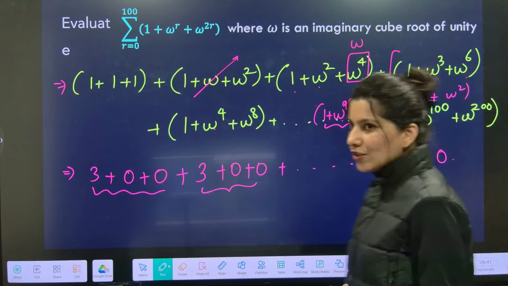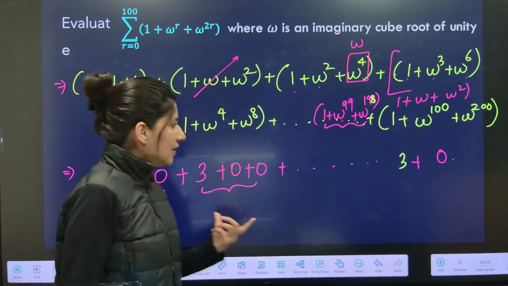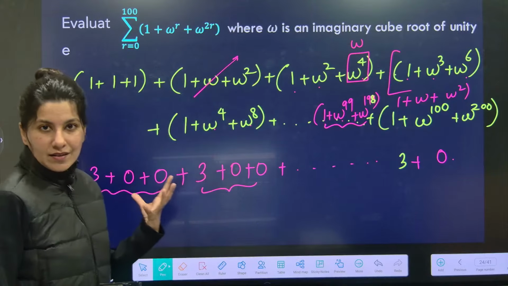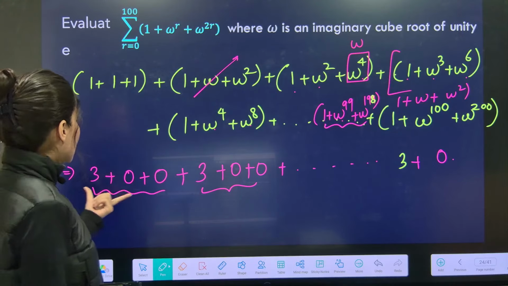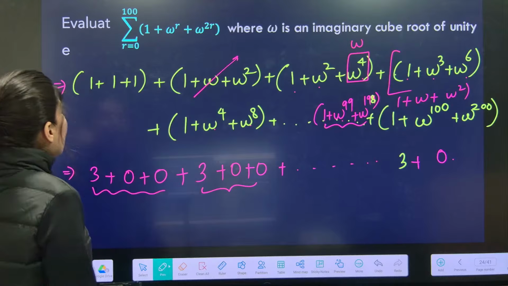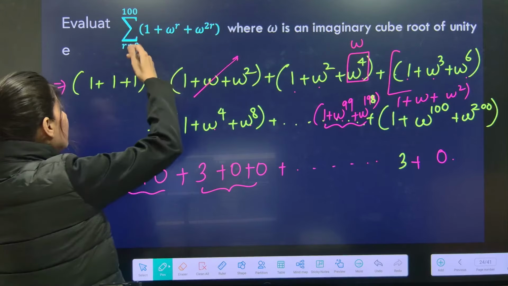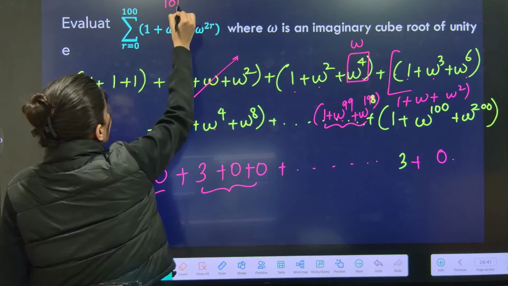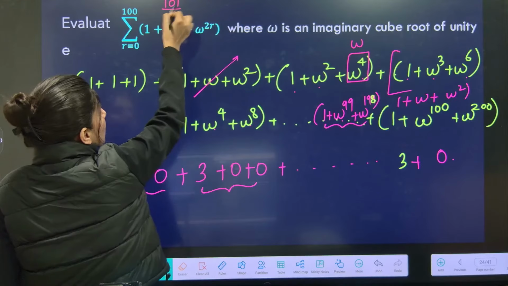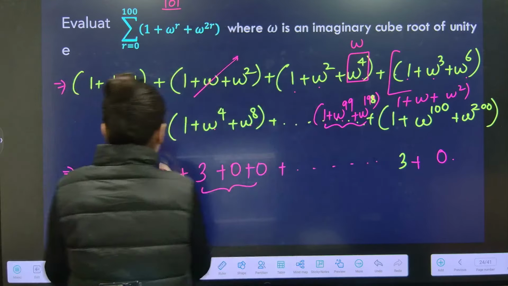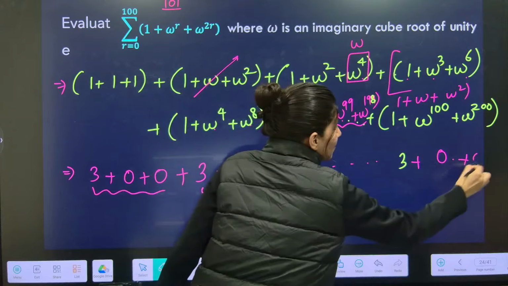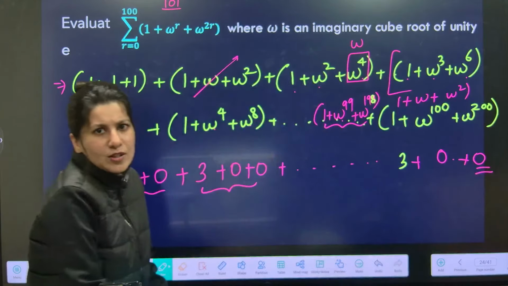So we just need to know how many 3s there will be. I can clearly see there are 101 terms. 101 is not a multiple of 3, and that's why 3, 0, 0 repeats, so there is one missing term, that is going to be 0 anyway.